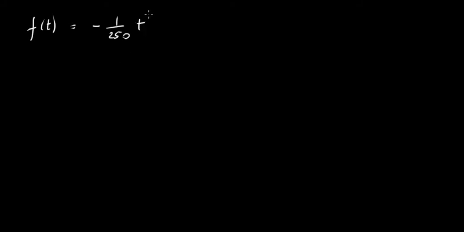So we'll take t cubed plus 1 over 10 t squared minus 5 over 8 t plus 50. So we could say this is maybe a velocity at any time t, and you want to find the average velocity over a particular time period. So let's say we want to find the average value for this function over the closed interval 6 to 25.